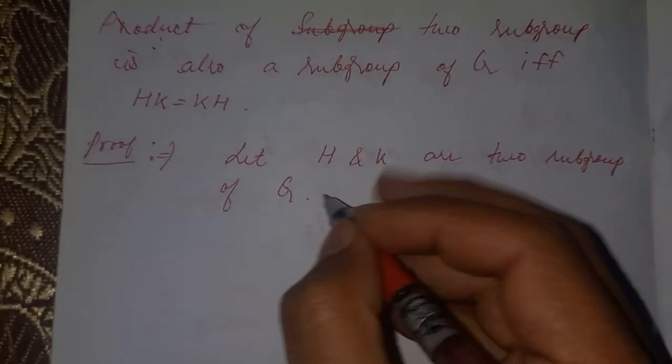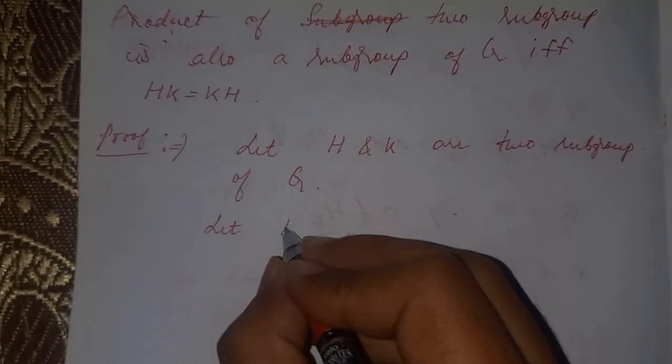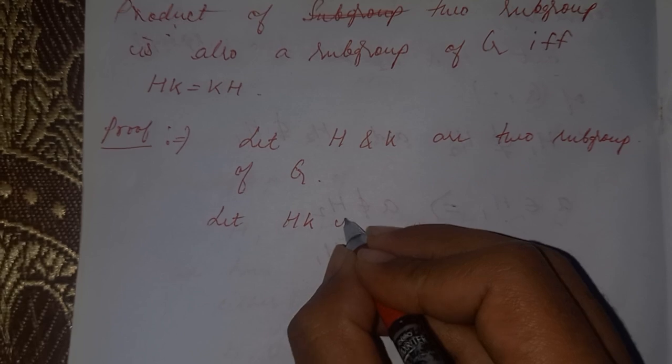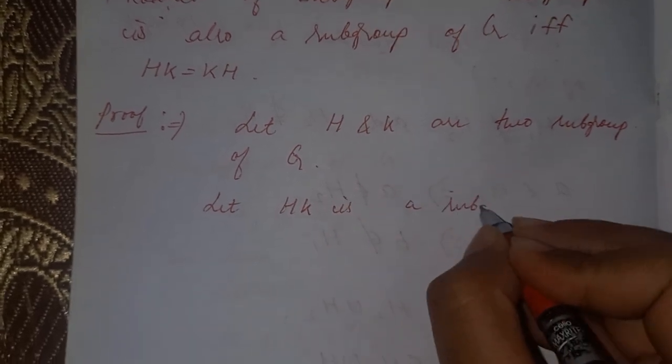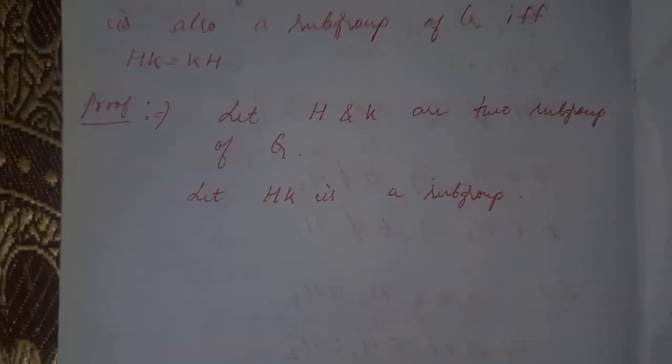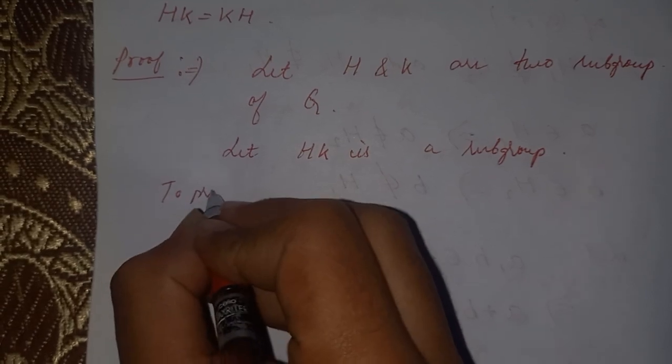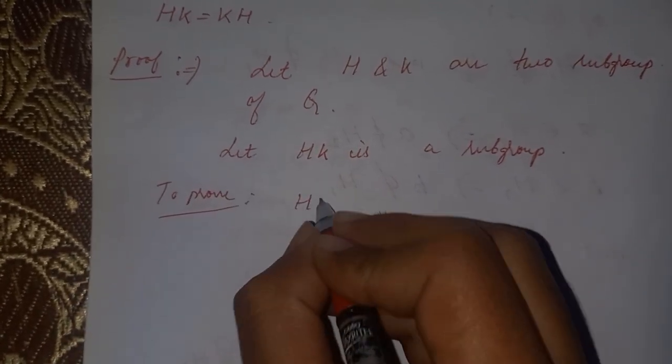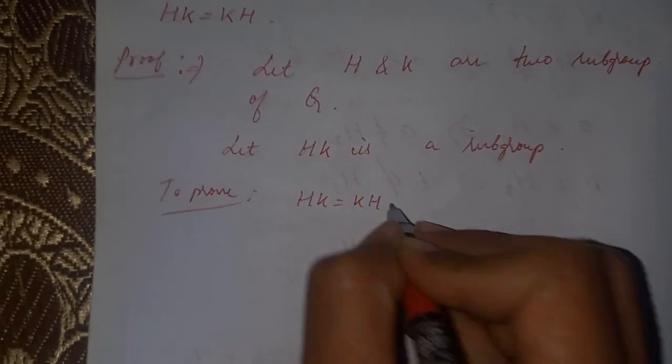Now let us suppose that HK is a subgroup. We have to prove that HK equals KH.